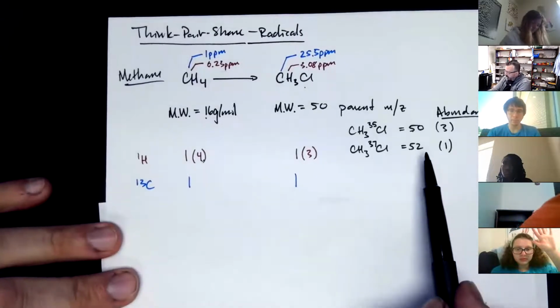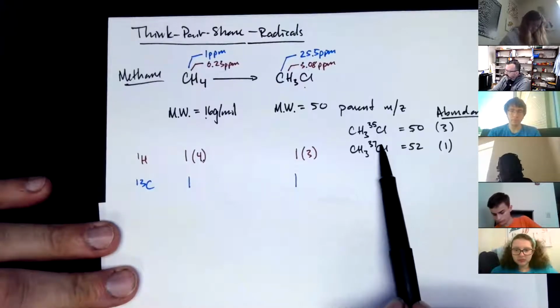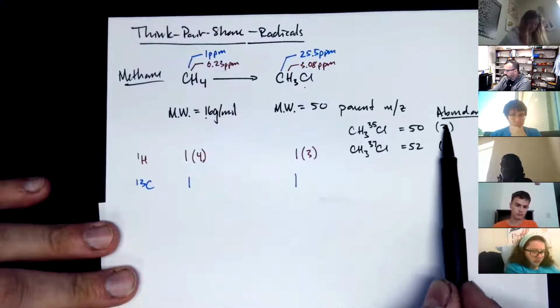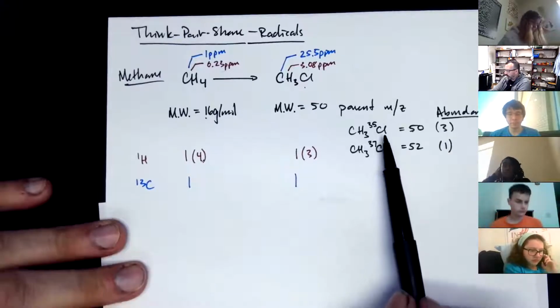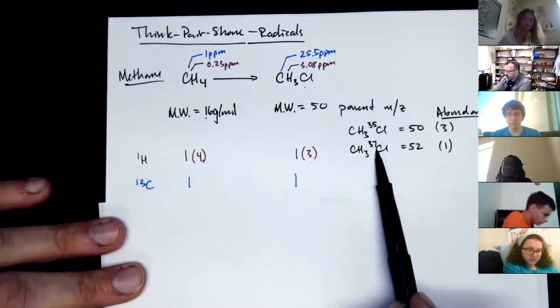So where did this 52 come from? Remember that the chlorine element exists as two isotopes in a ratio of 3 to 1. So when you encounter chlorine in nature, there's chlorine 35 and chlorine 37.